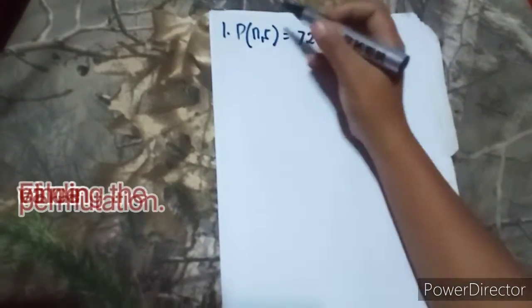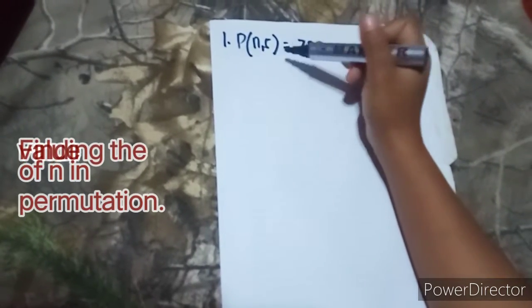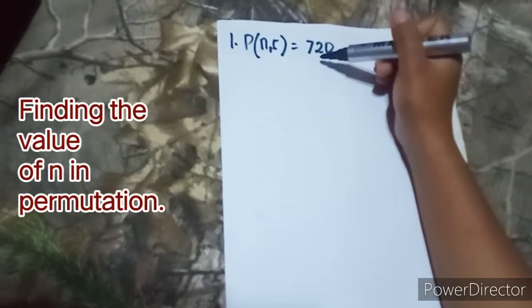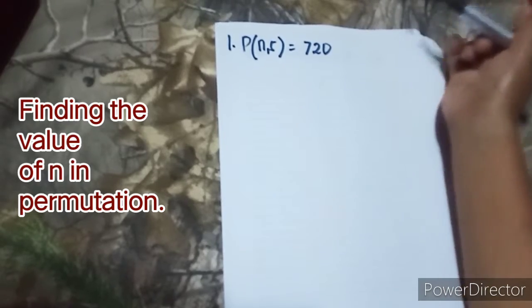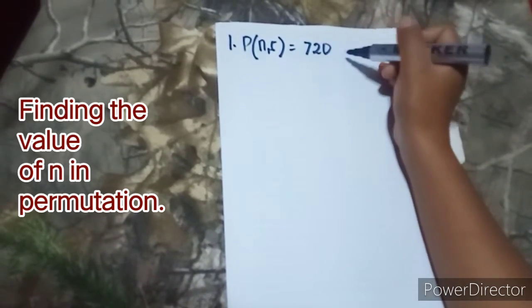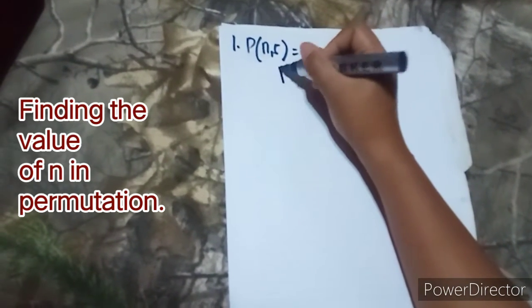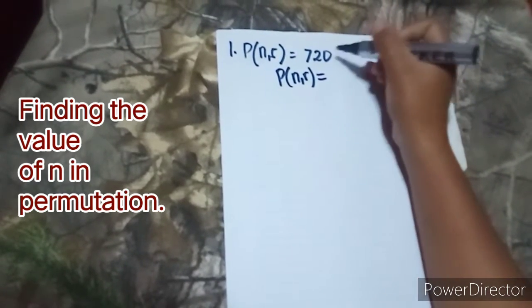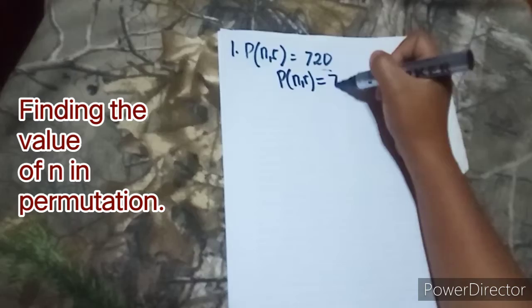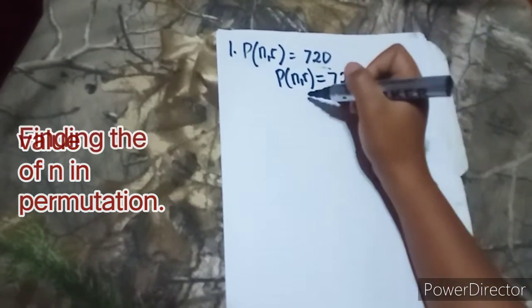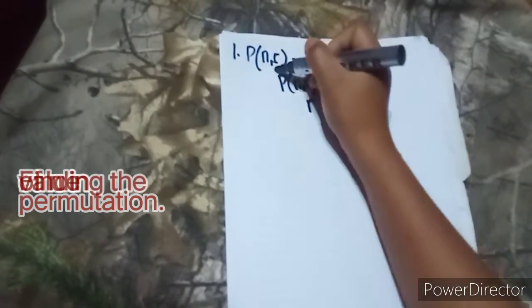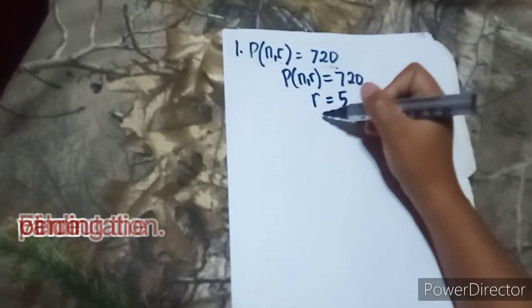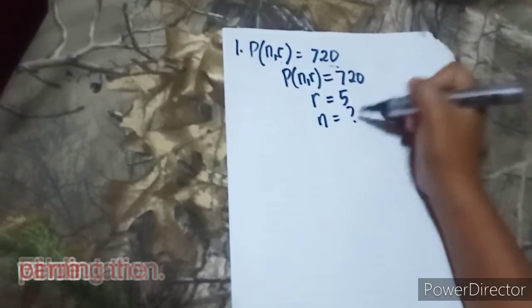So how about if our unknown value is n? For example, we have permutation of n objects taken 5 at a time is equal to 720. So first, let us list down the given values. Our permutation of n objects taken r at a time is equal to 720, and our r is 5. And our n there is unknown.